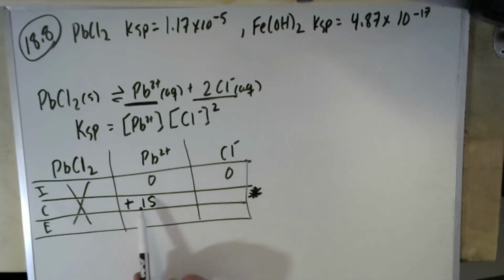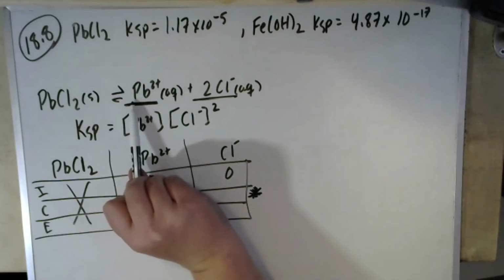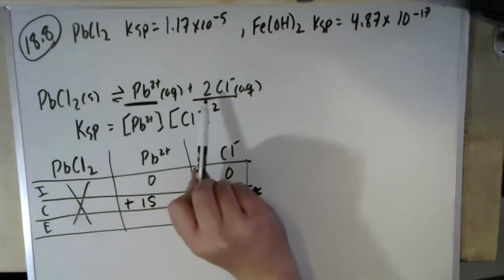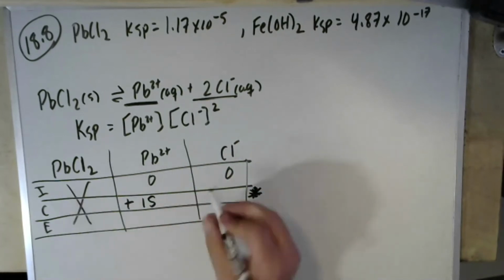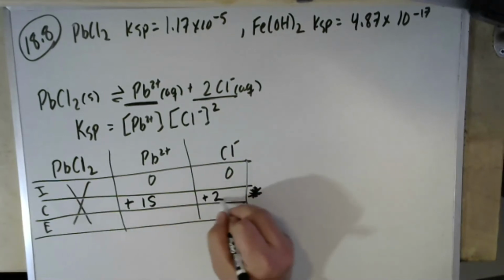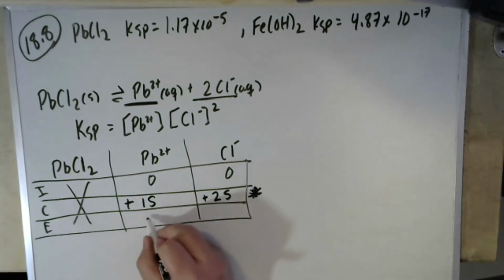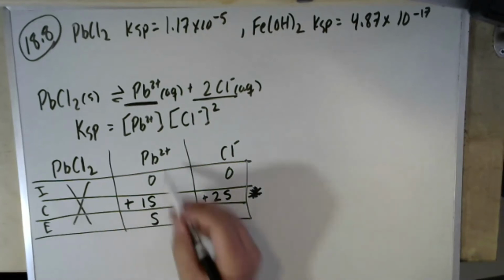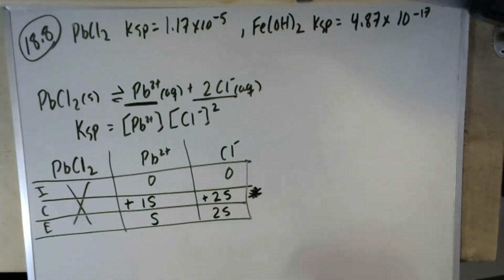I'm going to put the molar coefficient that's associated with the lead ion in my dissolution equation in front of the S in the change row here. I'm going to do the same thing for the chloride: when the lead chloride dissolves, I'm going to get 2 times S of my chloride. So at equilibrium, I would have S lead ions dissolved, and 2S chloride ions dissolved.